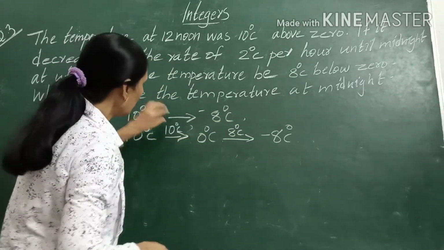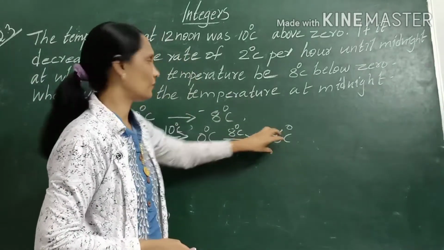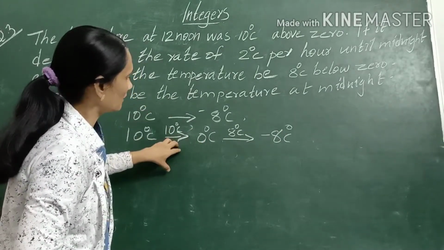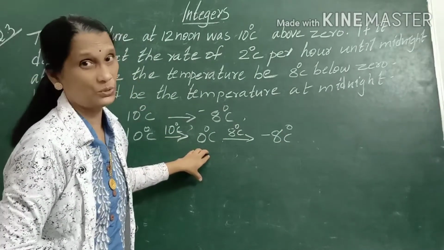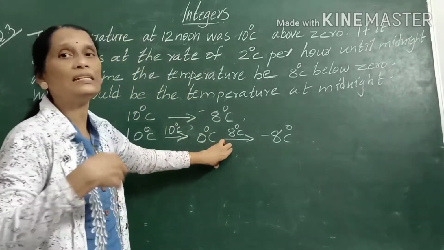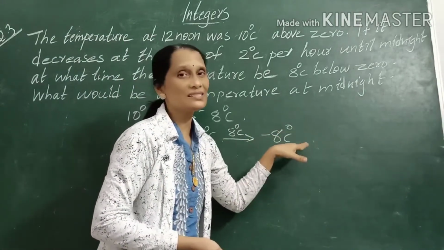That means here 10 is reducing, here 8 is reducing. First 10 reduced, it became 0 degrees Celsius. Then 8 more reduced, that means it became minus 8 degrees Celsius.